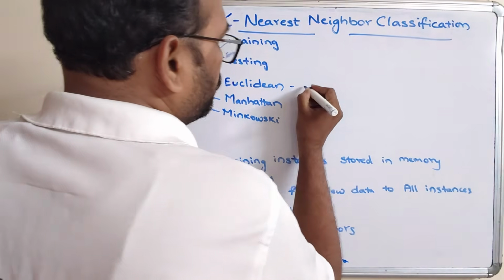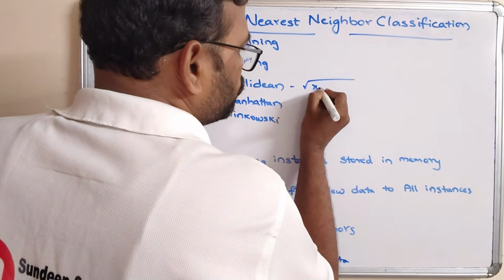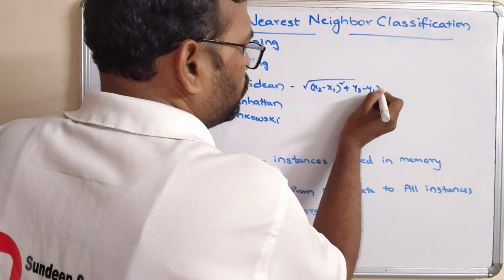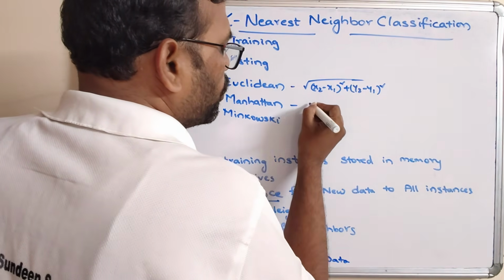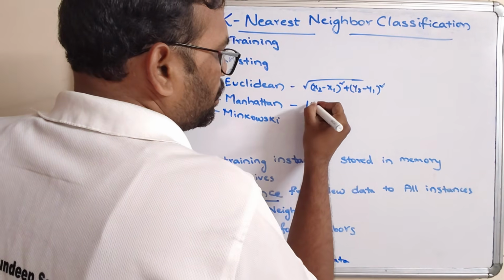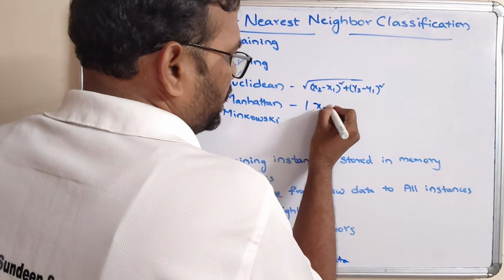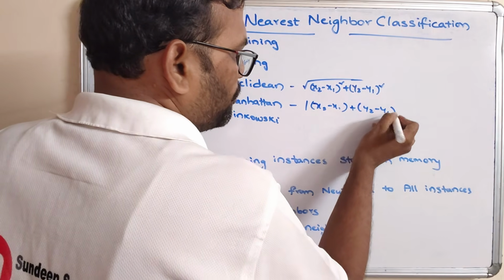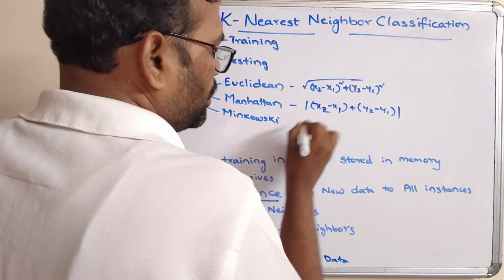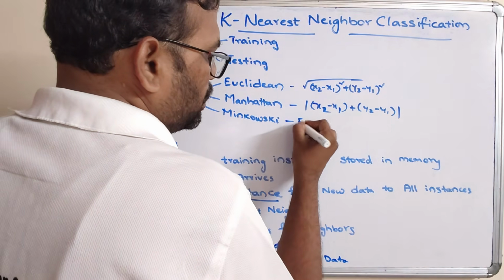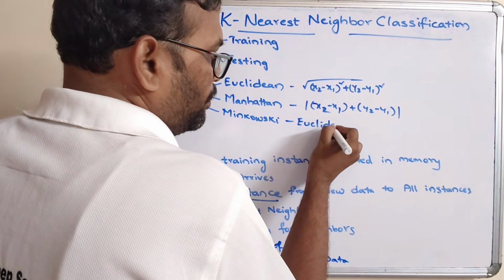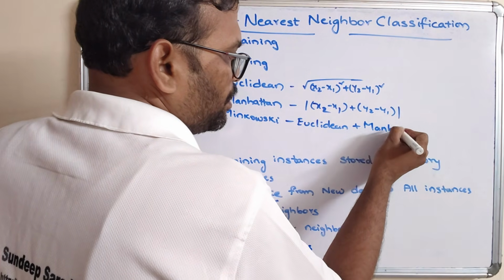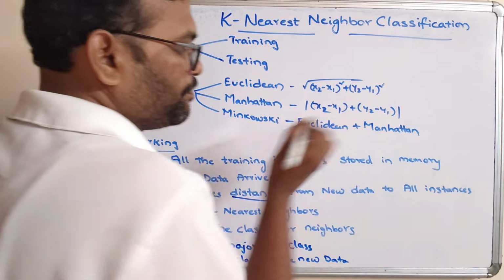Here the formula is the square root of (x2 minus x1) whole square plus (y2 minus y1) whole square. And here is the formula mod x2 minus x1 plus mod y2 minus y1. And this is a combination of both Euclidean plus Manhattan, with special cases, right?